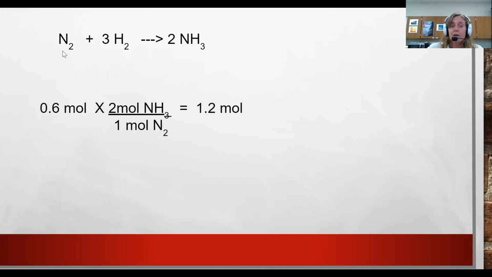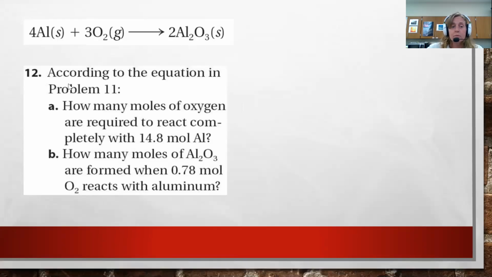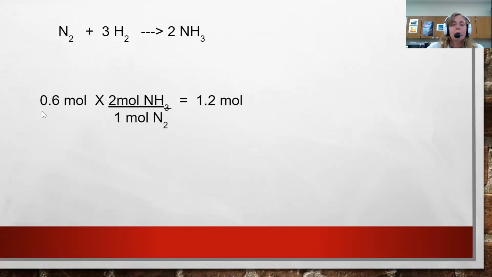So I would write underneath the equation 0.6 moles of nitrogen right here. And then I'm looking for ammonia, the number of moles of ammonia. So I would put an X underneath that, because I know what I'm looking at. It's what you don't know over what you do know. So back to dimensional analysis.